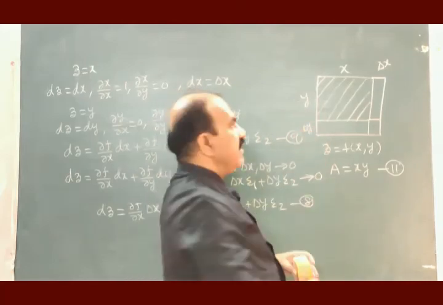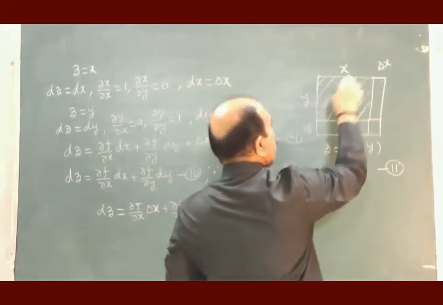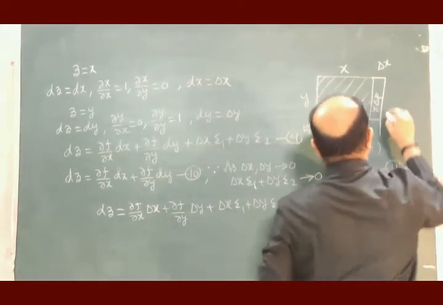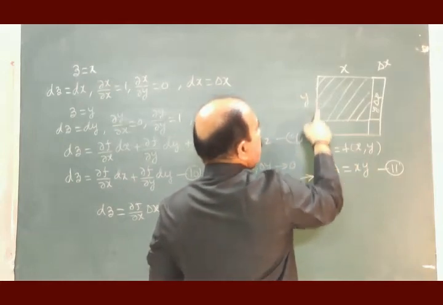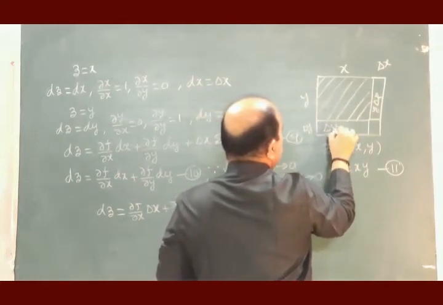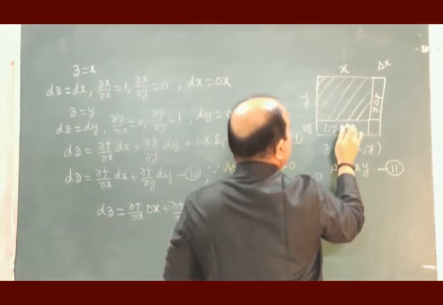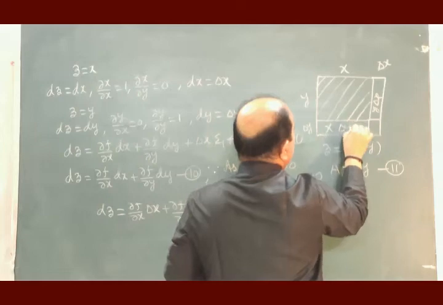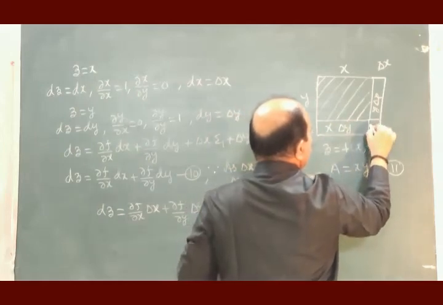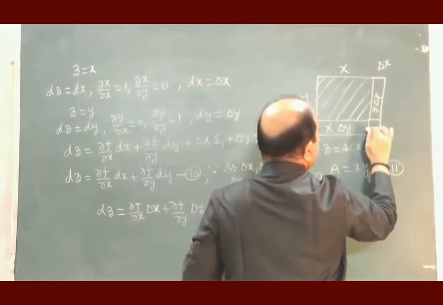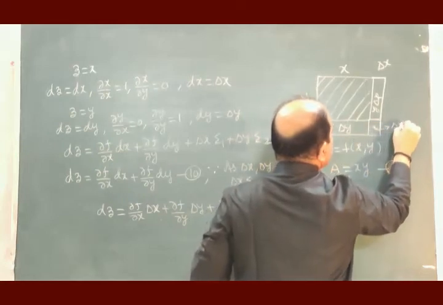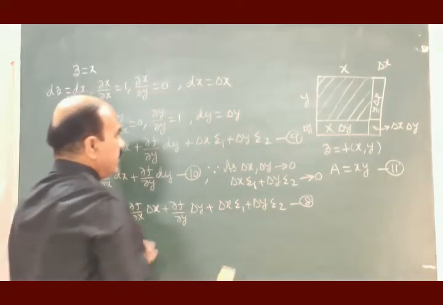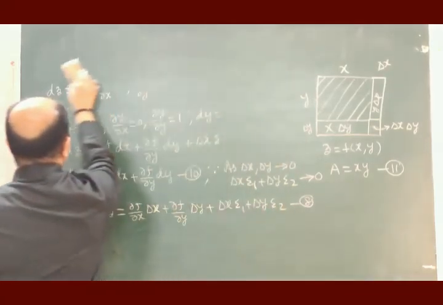What will be this value? y into delta x. So, let me write this as y into delta x. What is this value? Delta y into x, or x into delta y. What is this value? Delta x, delta y. Okay, let us apply this estimated formula.